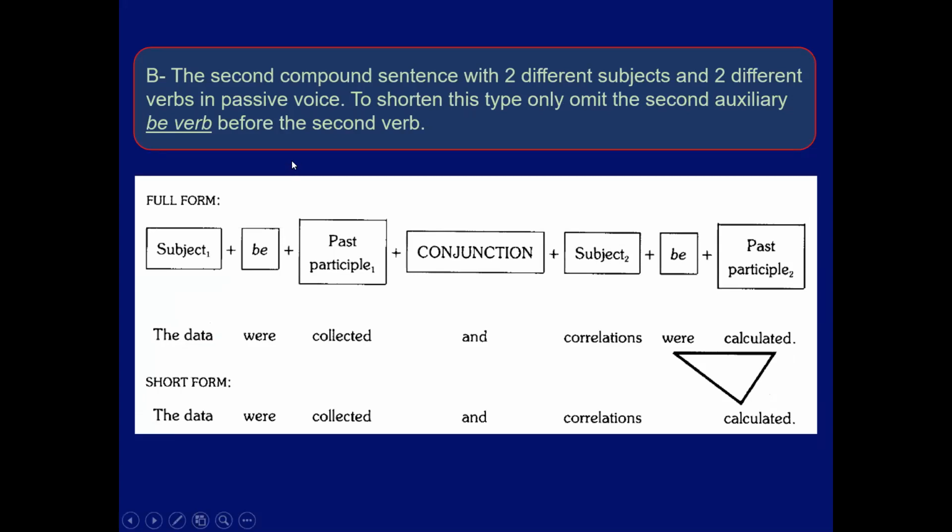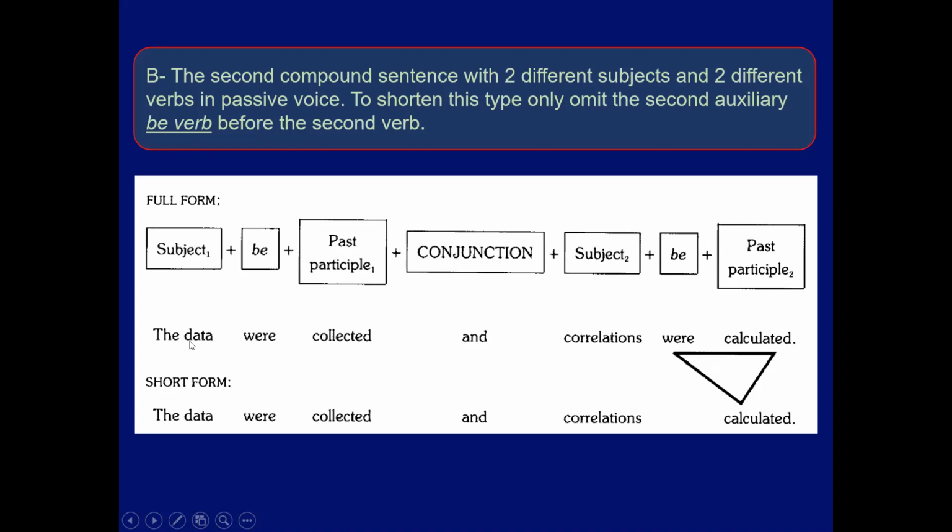The second one: the compound sentence is composed of two different subjects and two different verbs in the passive voice. So there is subject one and subject two, and past participle one and past participle two here. To shorten this type, only omit the second auxiliary verb be. Just the verb be that comes before the second verb should be excluded.